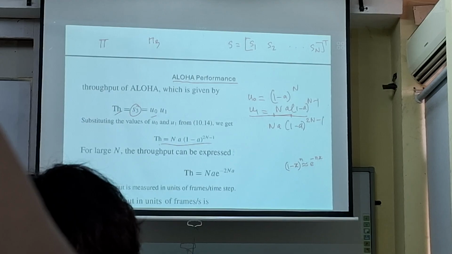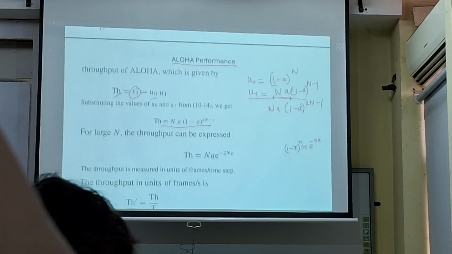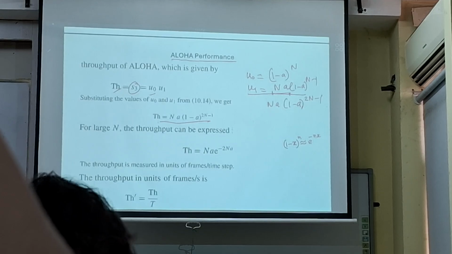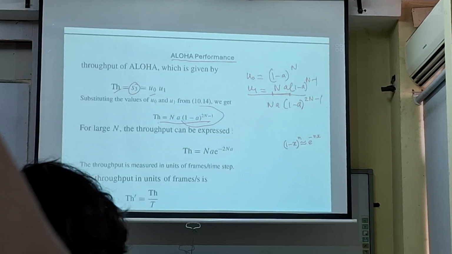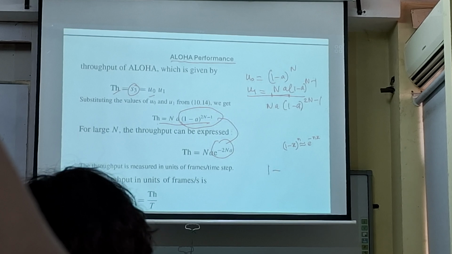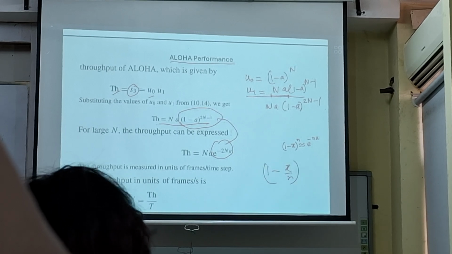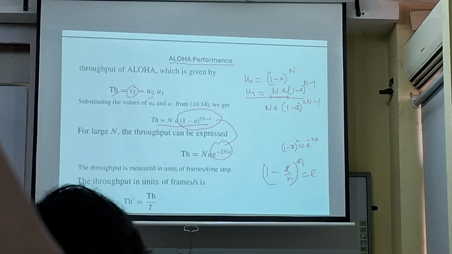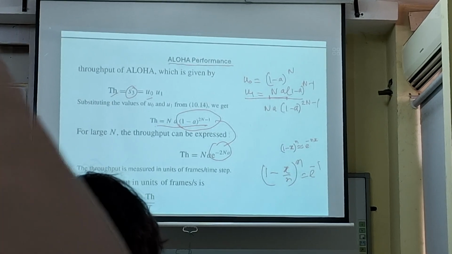That's what we have. And for some approximation, there is a formula, you will find it later. We can approximate this term to something like 1 minus x by n to the power n equals e to the power minus x.